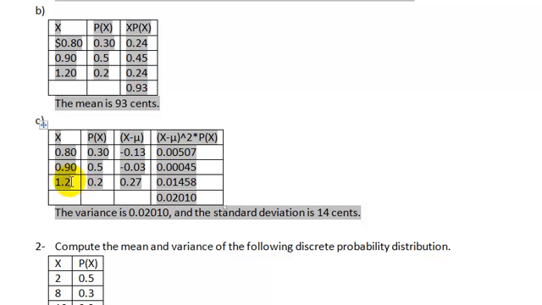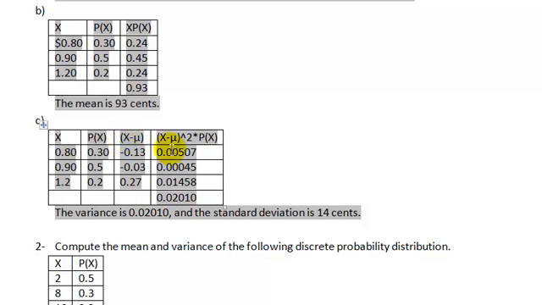So 1.2 minus 0.93 is 0.27. That's the first step. And then second step, we square each value, and after we get the result, we multiply by its corresponding probability.